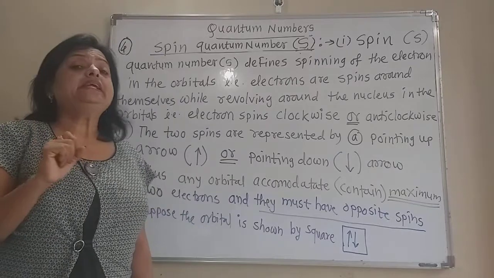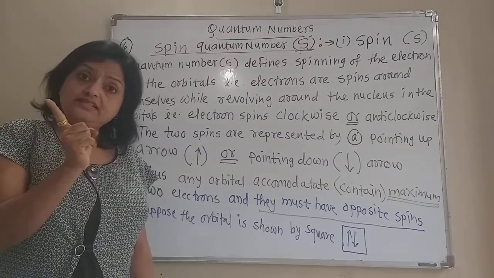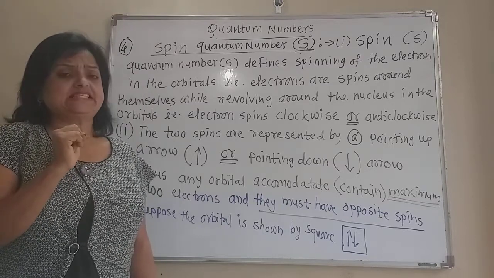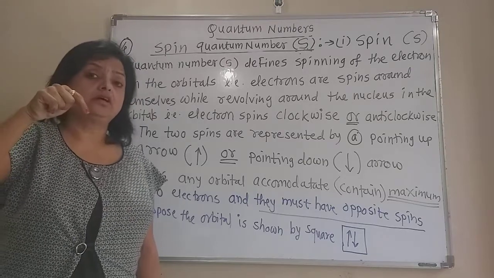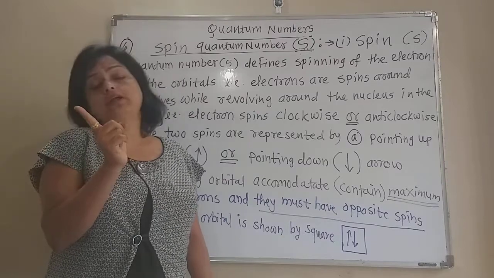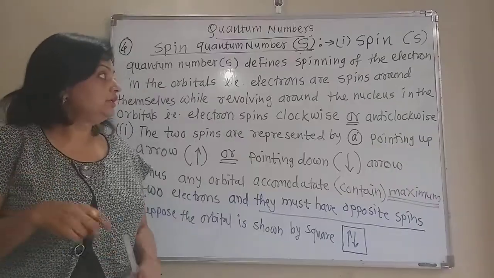That spinning is of two types: one is the clockwise spinning and the other is the anti-clockwise spinning. Electrons only spin; they do not revolve around themselves like the earth.